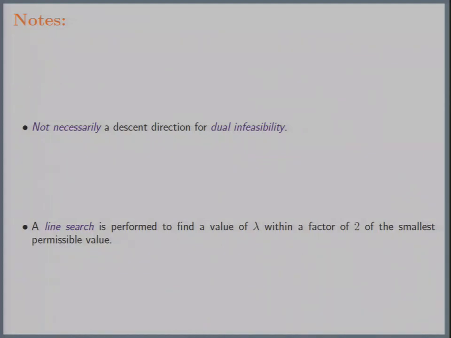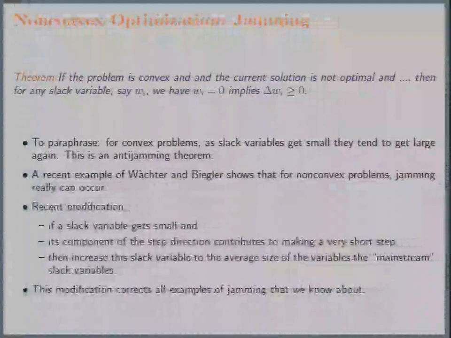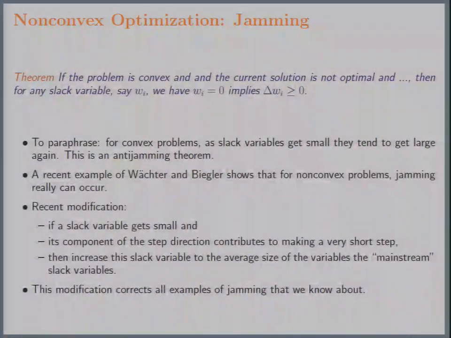And so we do a line search to find a value of lambda within a factor of 2 of the smallest permissible perturbation, because obviously you could take a big lambda times the identity and make it positive semi-definite, but then you've distorted it too much and things will converge slowly. Okay, well if that wasn't bad enough, even more things can go wrong in non-convex optimization.